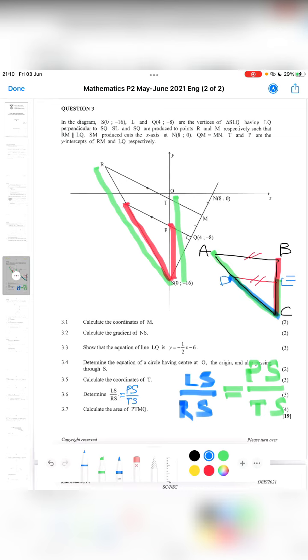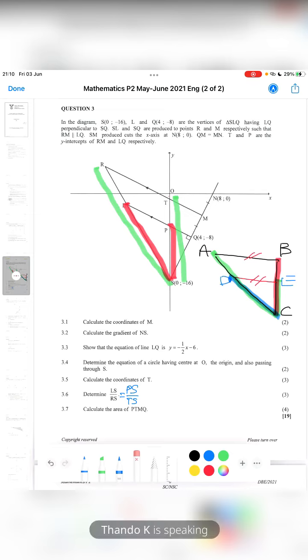Does it make sense there, guys? Yes, sir. Okay, if that is the case, do we know what PS is? Remember, PS is the length. Do we know what PS is?